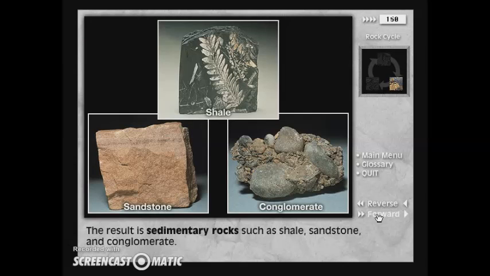The result is sedimentary rocks, such as shale, sandstone, and conglomerate.